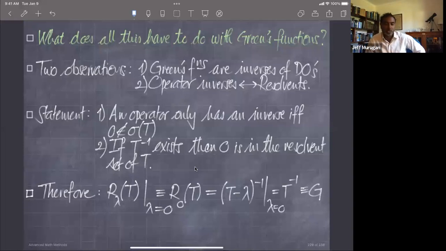So that's the connection between the Green's function and the resolvent. Is everybody happy with that?